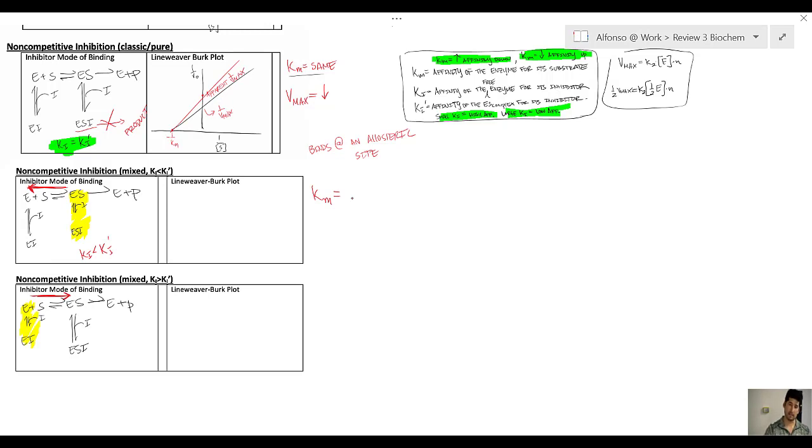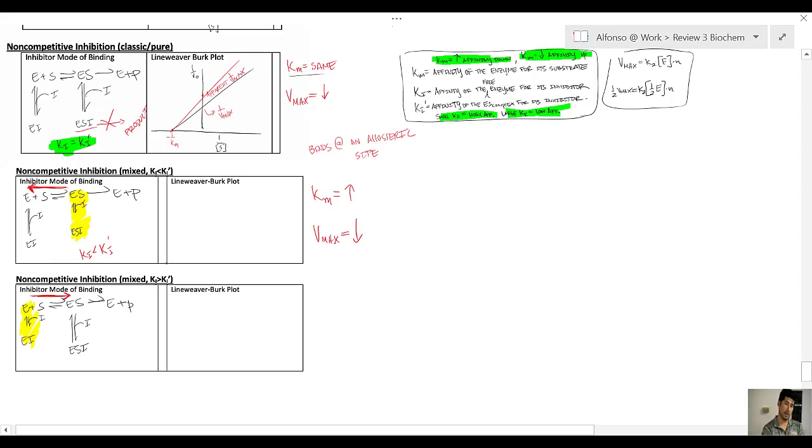That means that it's unbinding more substrate, so the affinity has gone down, which means that the Km has increased. And look over here, the inhibitor is still binding the enzyme substrate complex, forming ESI, which, as you recall, means less product is being formed, which means Vmax is going down.